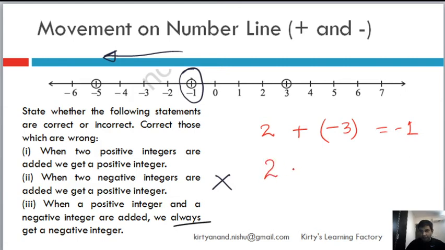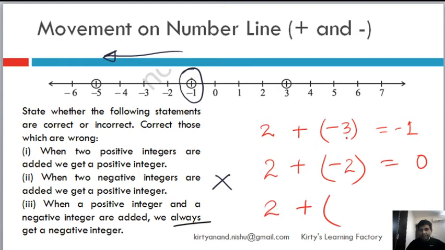Now we've taken 2. Now let's add to 2 the same value but in negative. Let's add -2 to 2, and you can take any number but just do it in this fashion. So what happens? This becomes 0. Now let's take a value which numerically is smaller than 2.